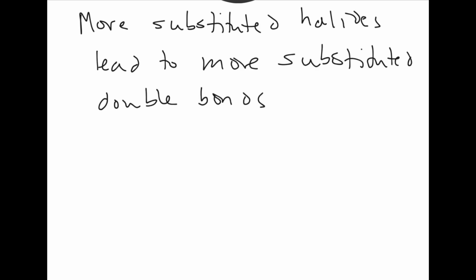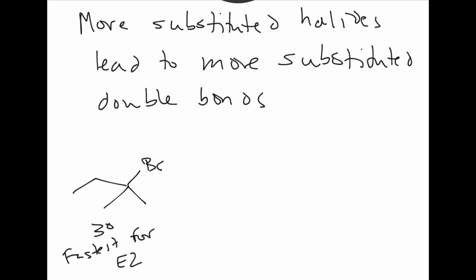Right? So what that means is that if we have a tertiary halide, this is the fastest type of halide for an E2, right? Because it already has 2 groups on the carbon that has the halide. So you're going to make a more substituted double bond than if you had a secondary halide.